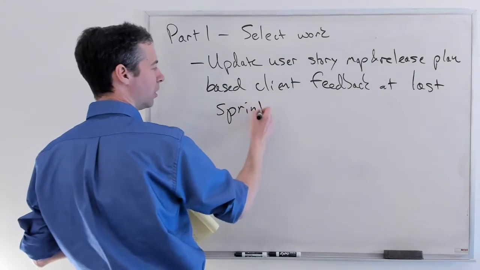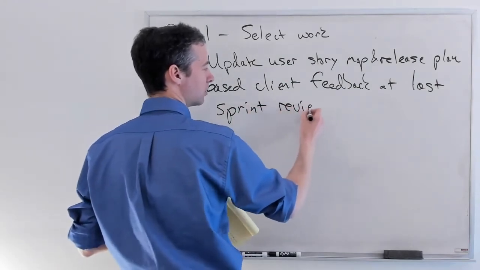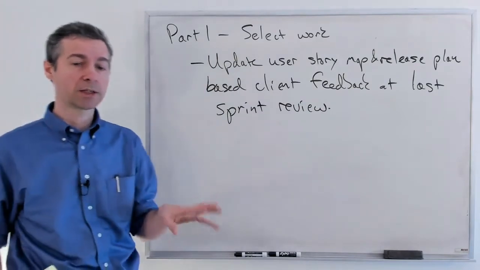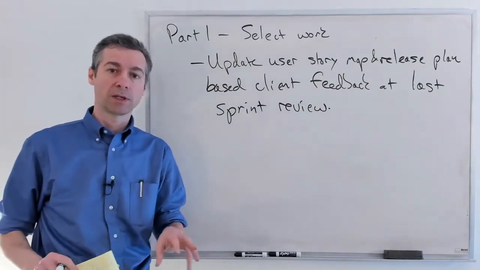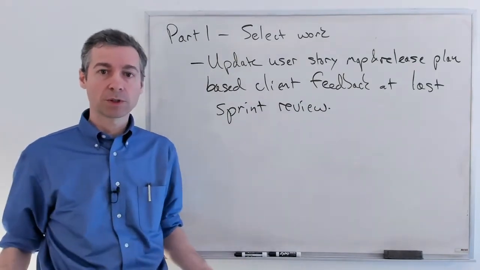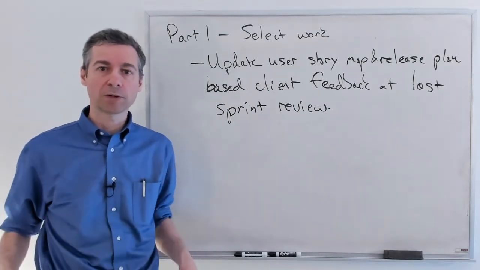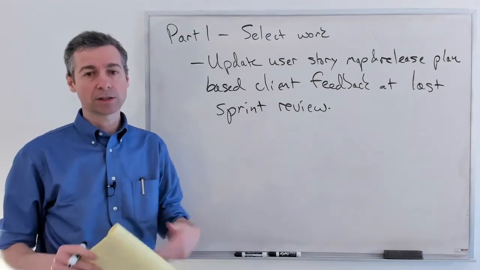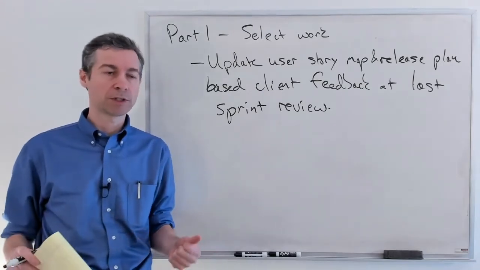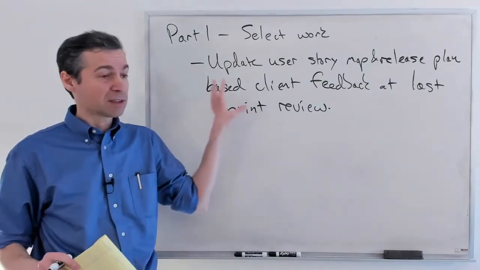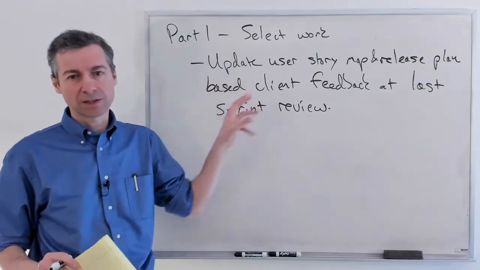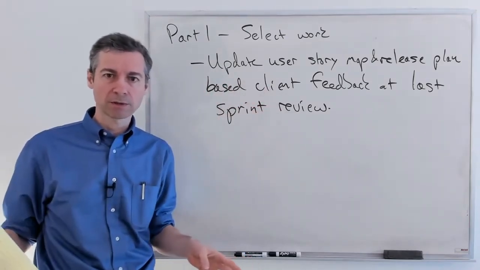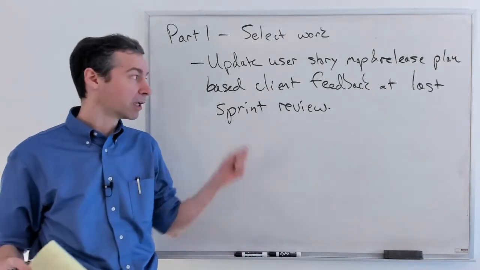For Sprint 1, you should have scheduled a meeting with the client on Monday or Tuesday, and you're going to be showing them the user story map and your lo-fi mock-ups, and you're going to get feedback. And then after that, you're going to create your release plan. Basically, that's your chance. Let's get these up to date. Let's get the stories in the right place, the priorities in the right place, and so forth.